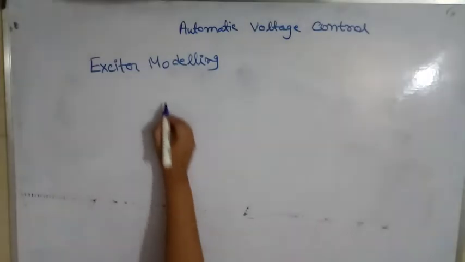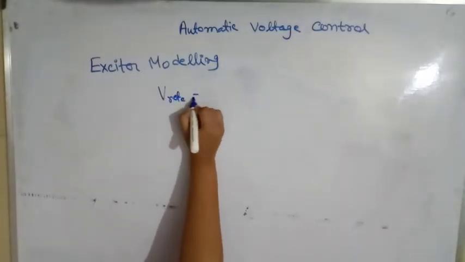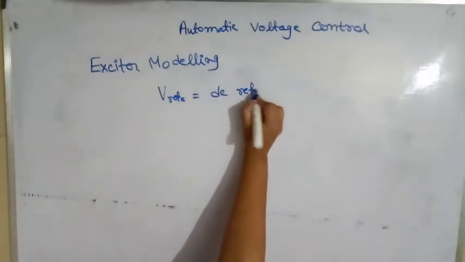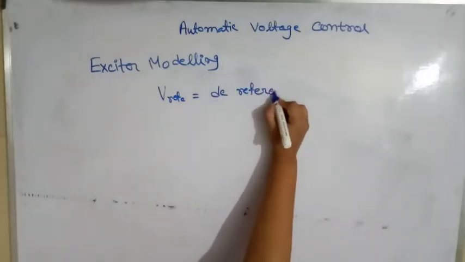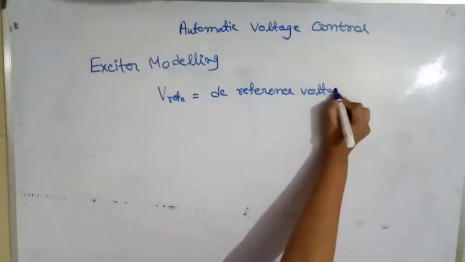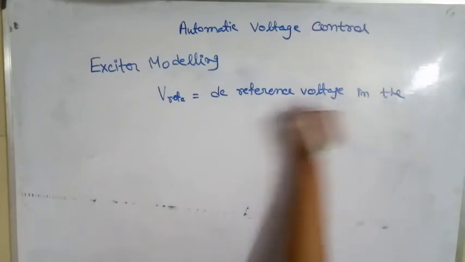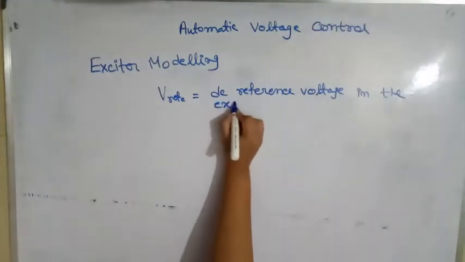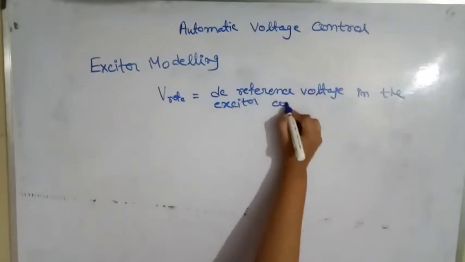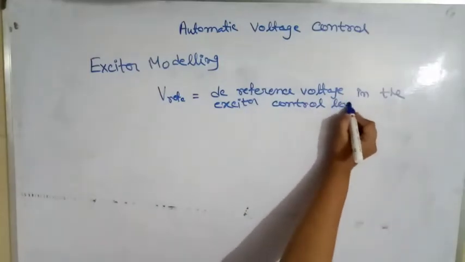Now at first, V reference is equal to the DC reference voltage in the exciter control loop.